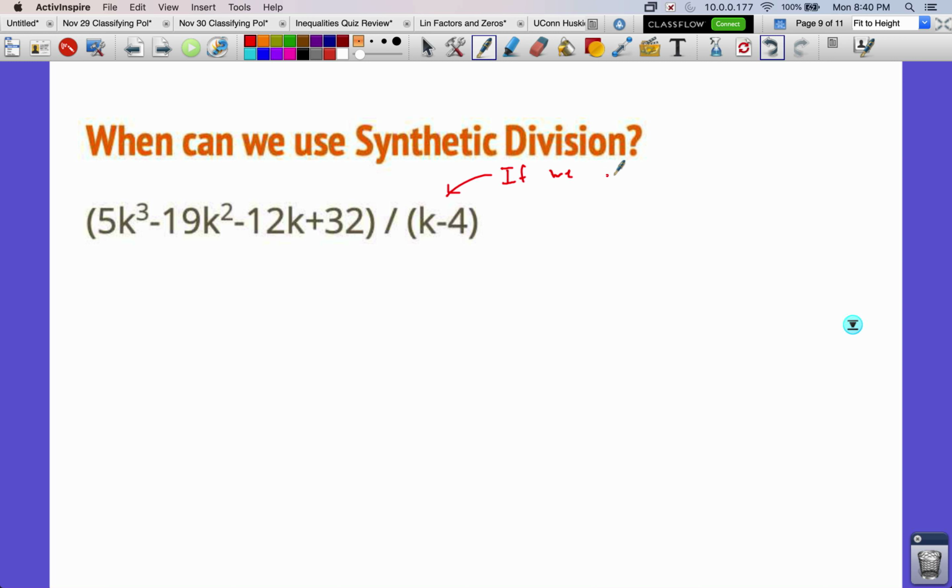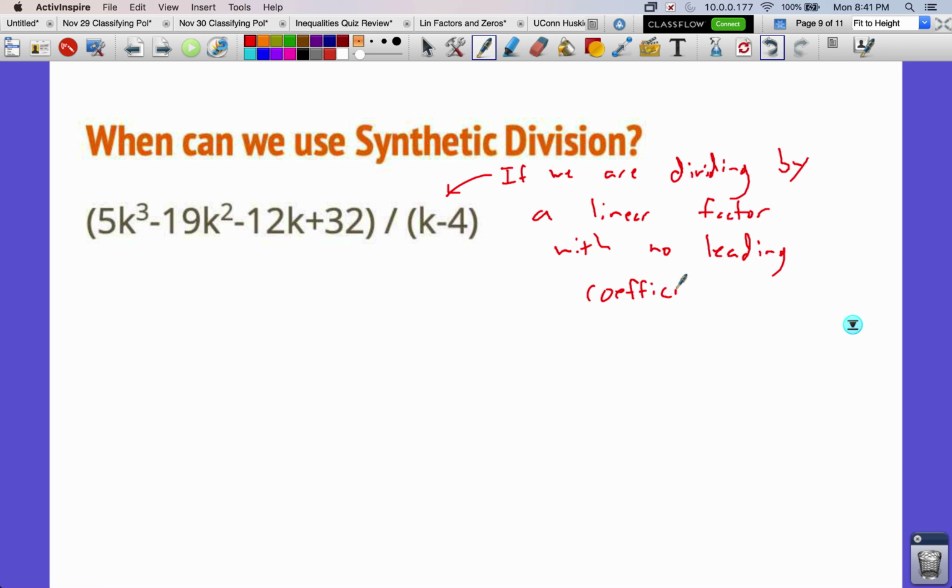if we are dividing by a linear factor with no leading coefficient other than 1, then we're allowed to use synthetic division because this here can be directly related to its root of positive 4.